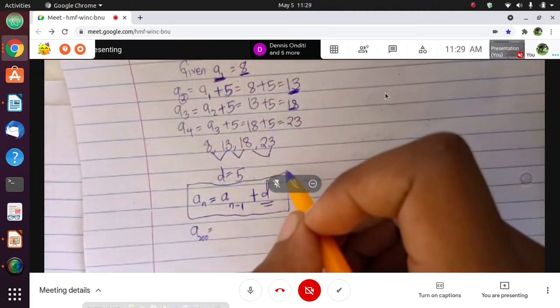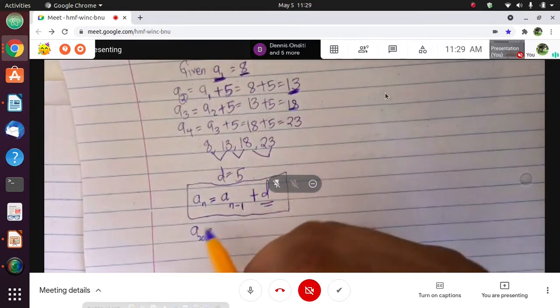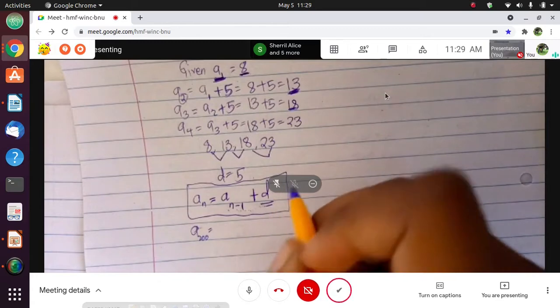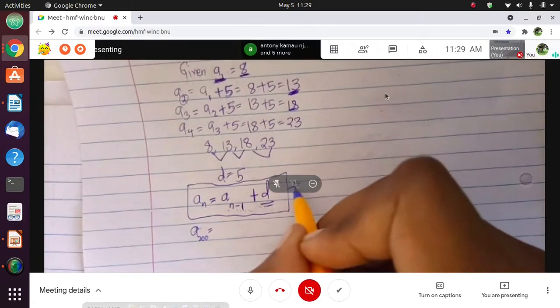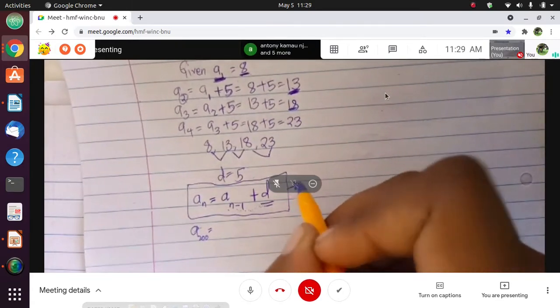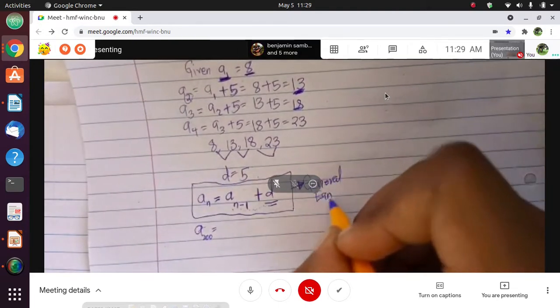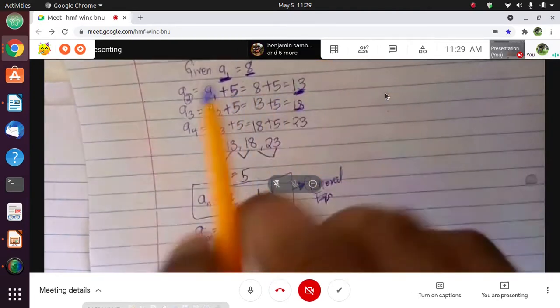Are we together? So the general formula of a recursive arithmetic progression is this here. So you can write it down. This is the general equation of a recursive arithmetic progression.